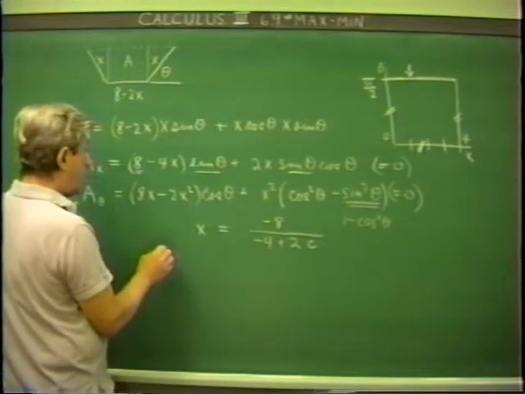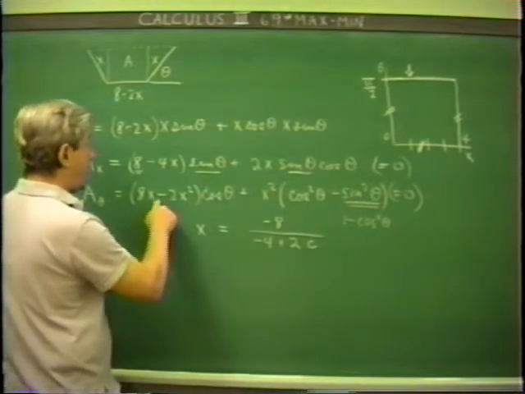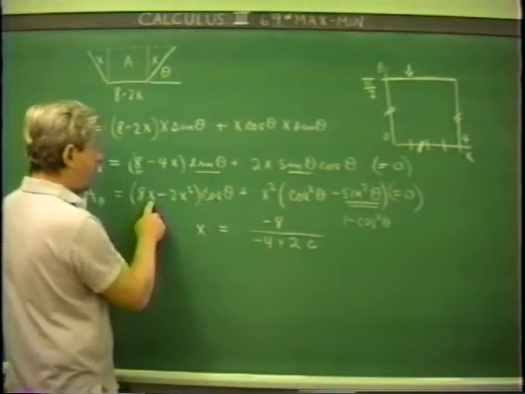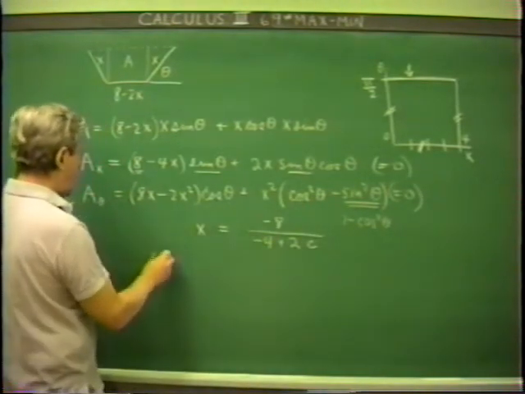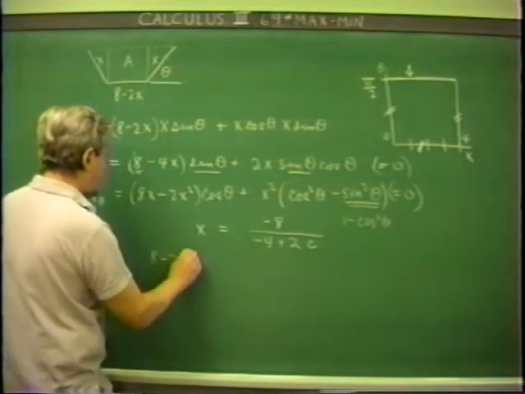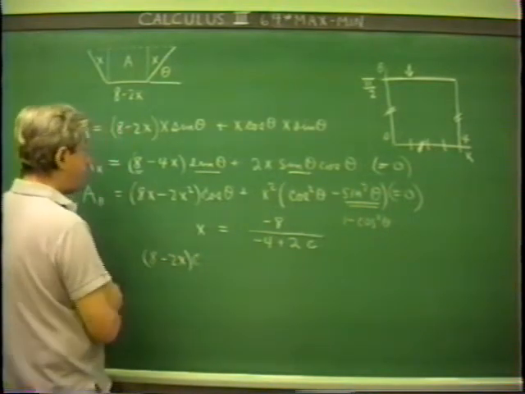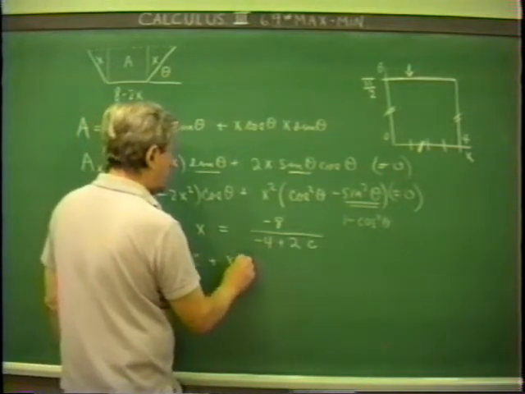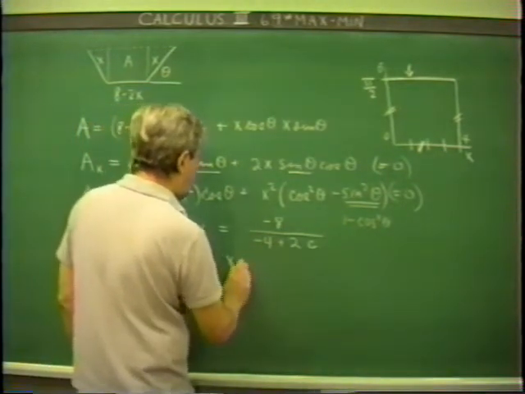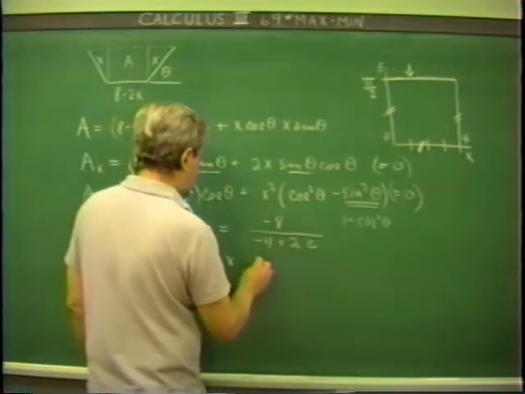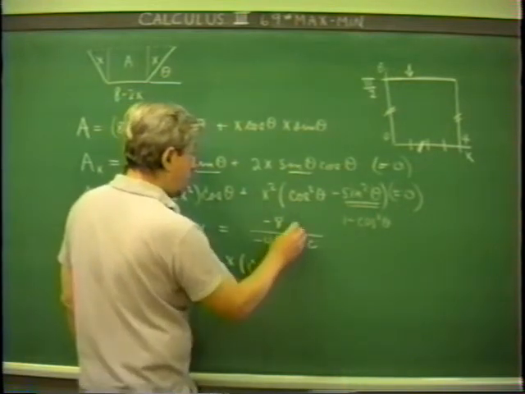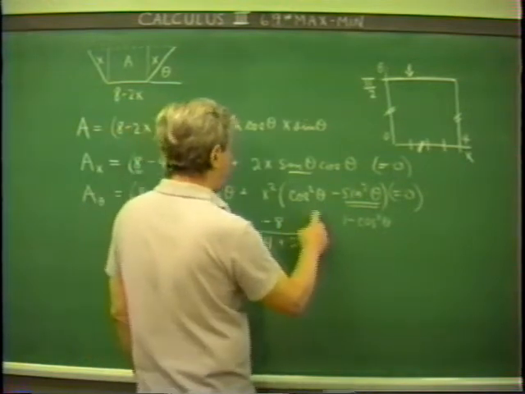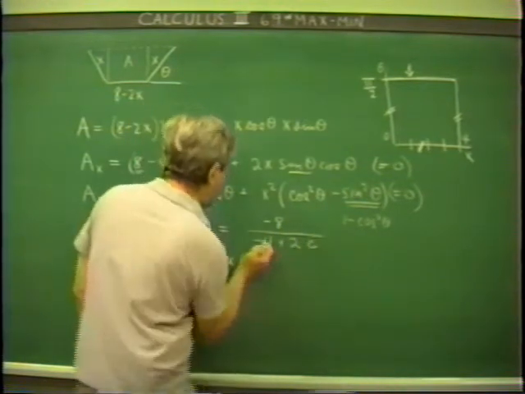Well, what we've got here is an x throughout, and x is never equal to 0, so we can divide this through by x here. And we're going to get 8 minus 2x times c, dividing by x, plus x times c.